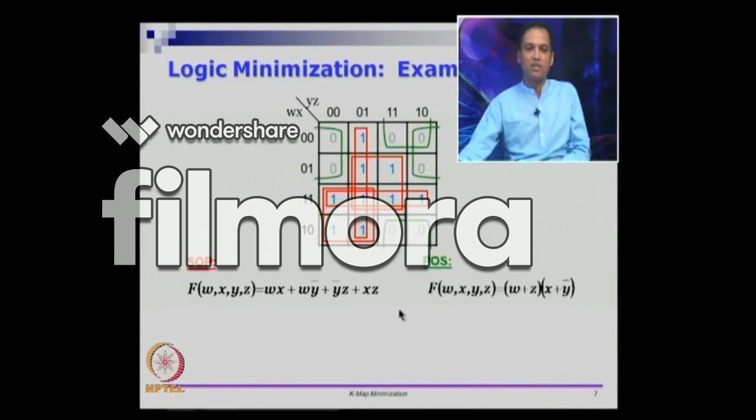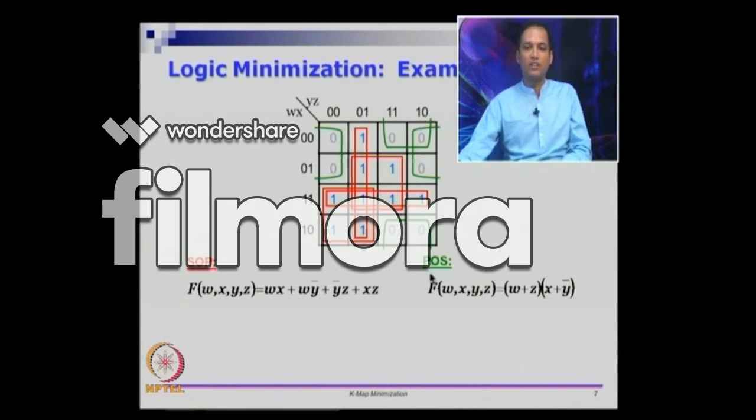If you do the product of sums, it will require you to group the zeros. There is a group of 0 here and a group of 0 here, that is 2 groups of size 2, so it makes a group of 4, and there are 2 groups of size 2 here which can be combined to make a size of 4. You look at this term here and this term here, that corresponds to the fact that w is 1 and these 2 columns correspond to the fact that z is 1.